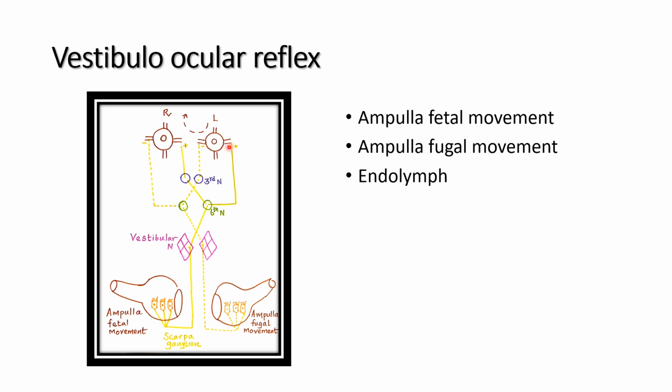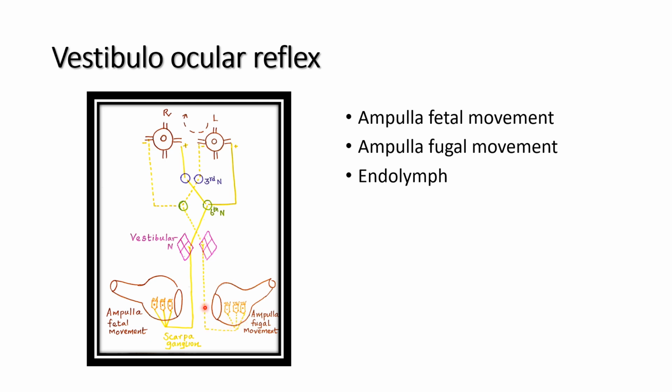So when you are moving the head, contraction is occurring in the lateral rectus and medial rectus. But on the left side, what happened? The endolymph is moving in an ampullofugal movement. This side produces a hyperpolarization.